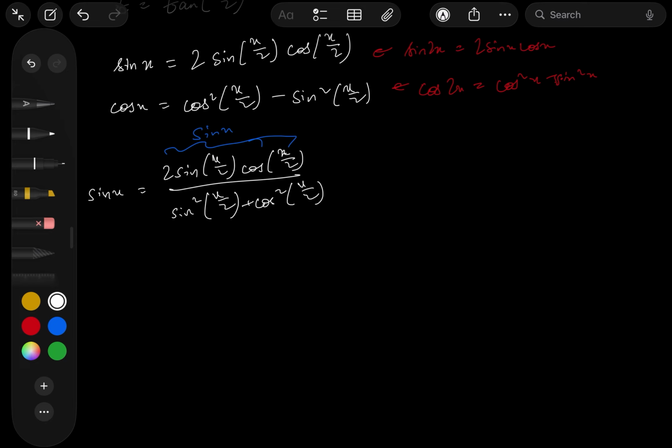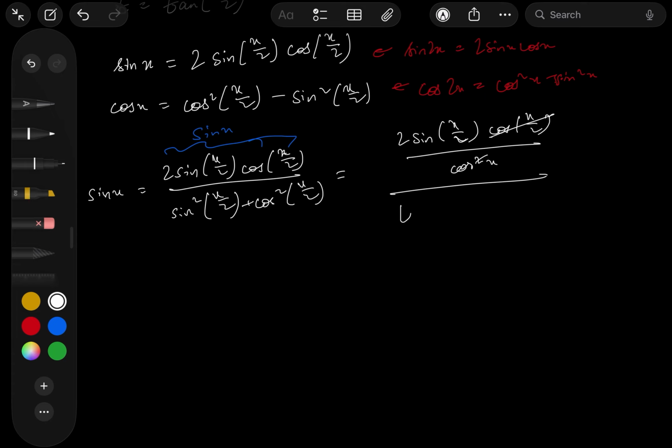Now, if we divide this whole expression by cos square x by 2, then what we get is 2 sine x by 2 times cos x by 2 over cos square x by 2. And this cancels out with this. And over here we get sine square x by 2 over cos square x by 2.